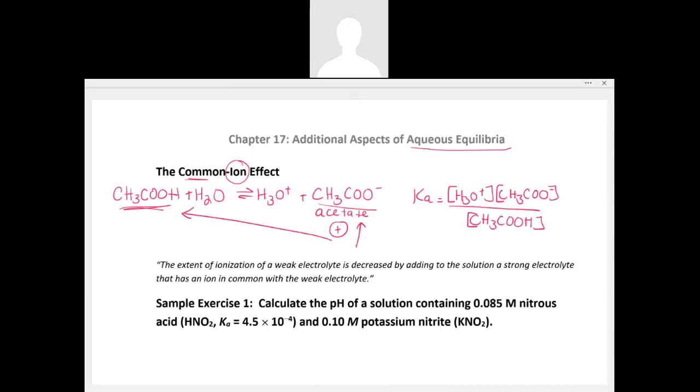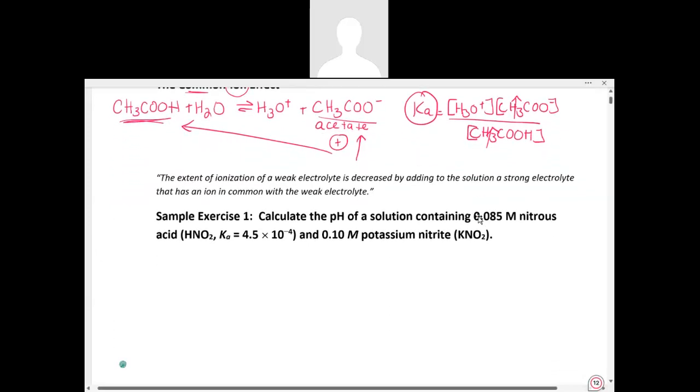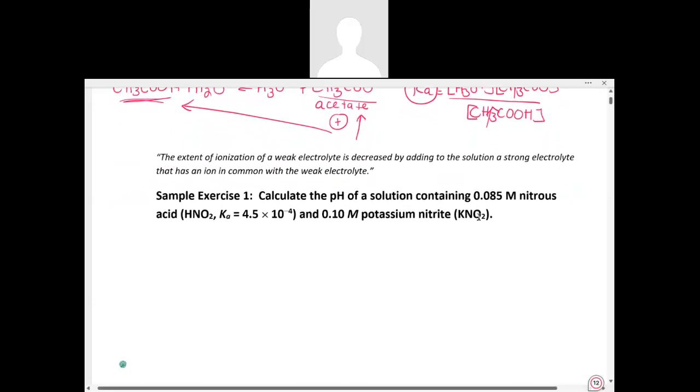And so if we're increasing the top here, our products are increasing. To keep that equilibrium established at that value, we're going to have to shift it and, in theory, increase the reactant. So that's the why. Let's take a look at how this acts if we have a problem here.